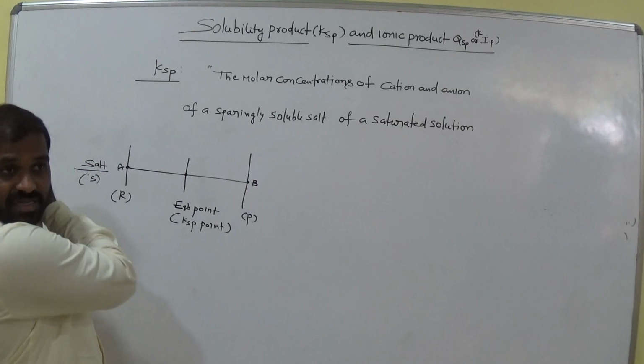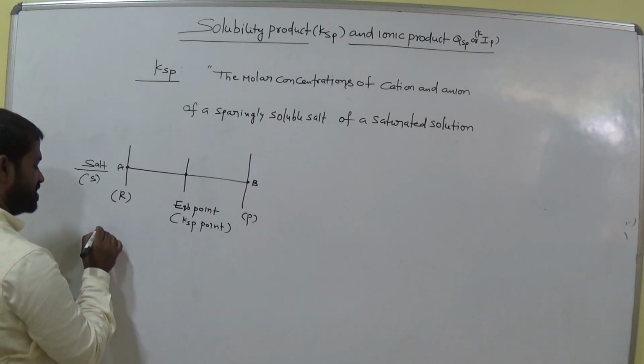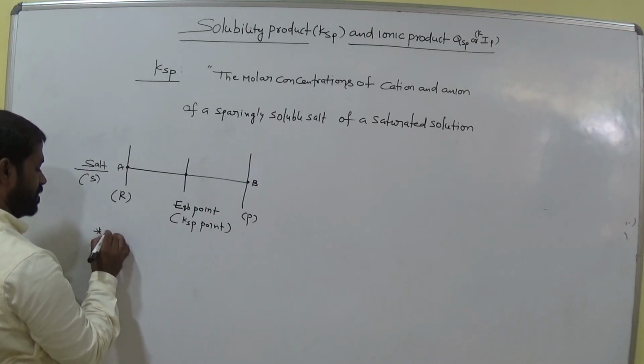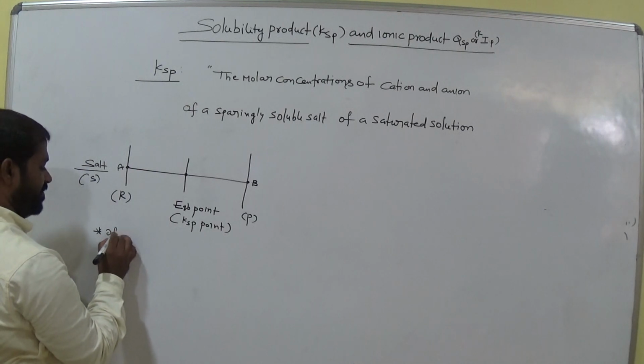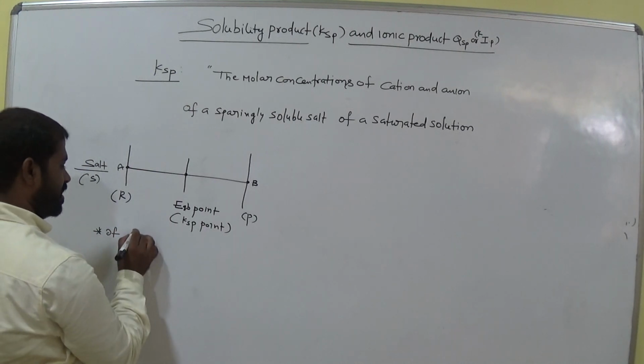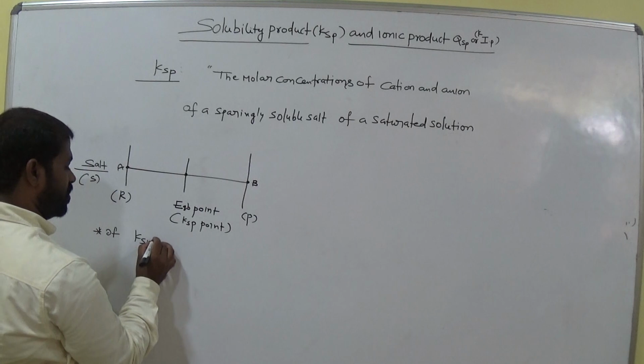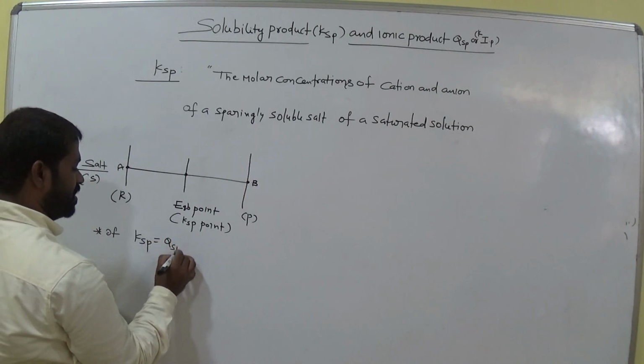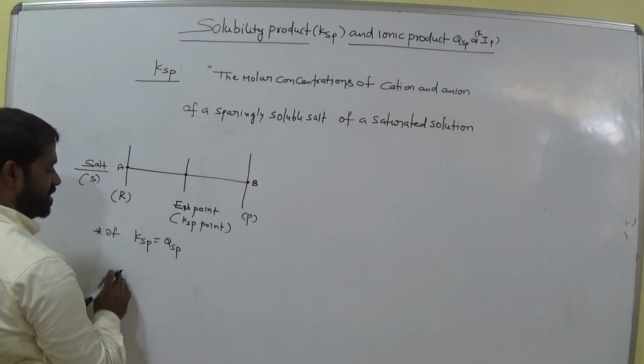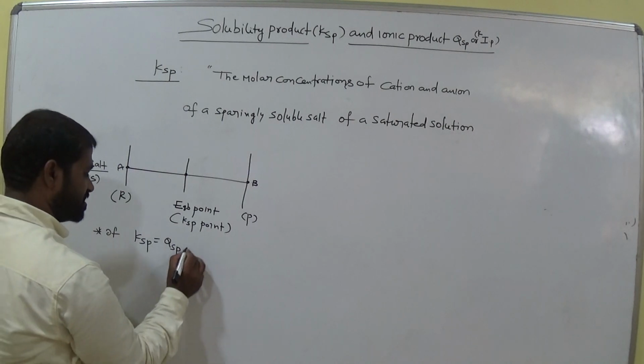Remember this. The first case is if KSP equals QSP, ionic product equals solubility product.